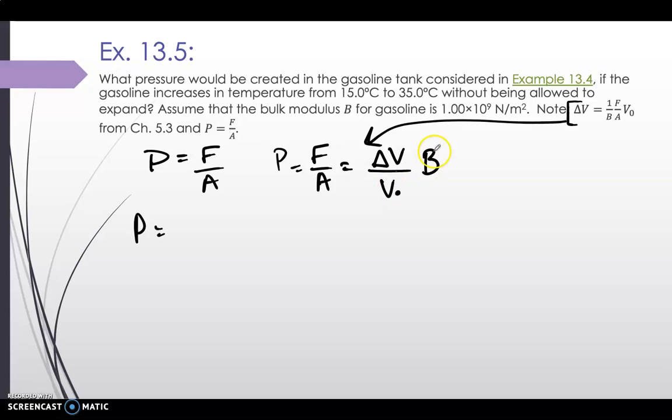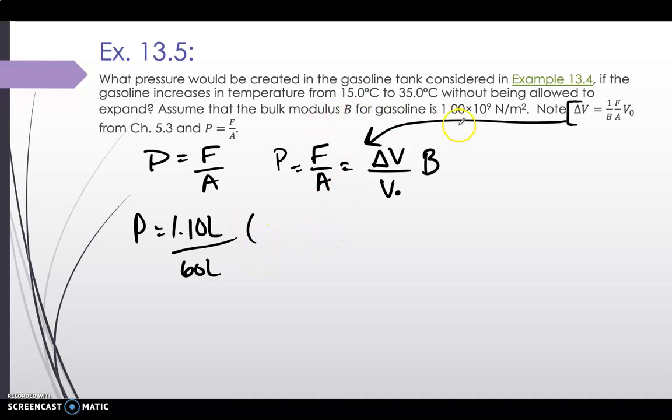Our delta V is going to be the spill from the last example, so that was 1.1 liters. And our starting volume was 60 liters.